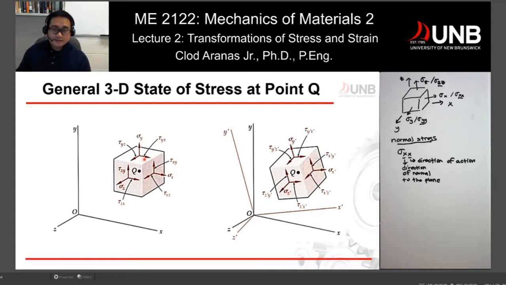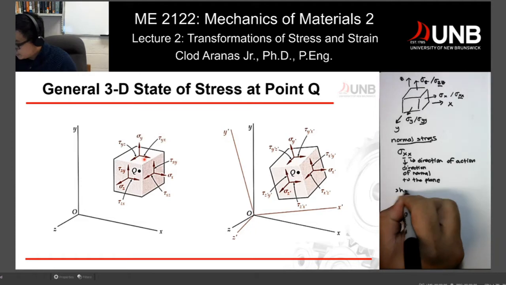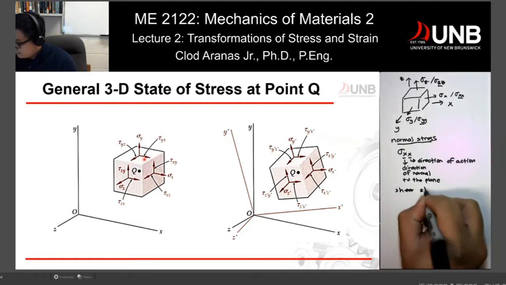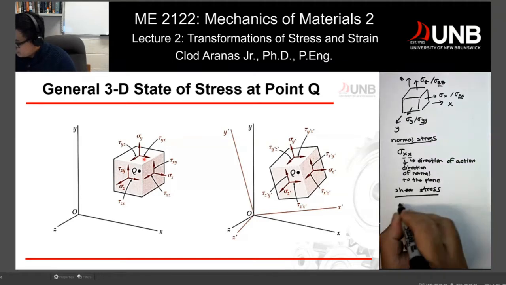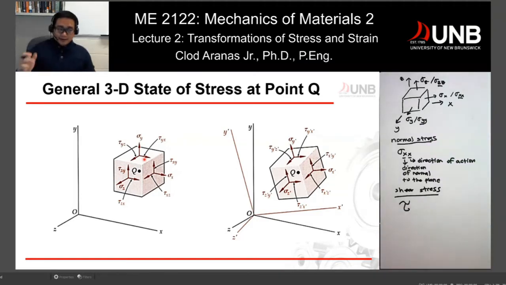So that's the concept for normal stress. Now for shear stress, which is denoted by tau, it's the same thing. If we go back to the slides, I'm not going to draw it here because it's a little bit small.